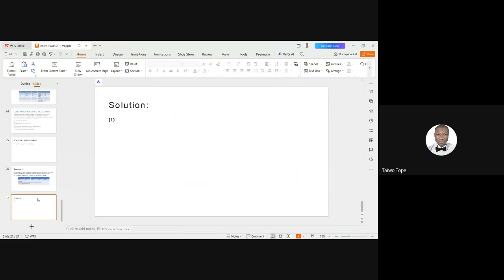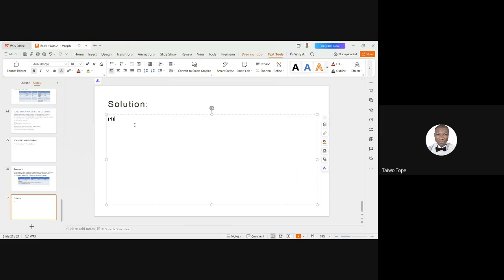So now, because of time, let's show our working. Calculating bond price using the yield curve. I'm emphasizing using because you can calculate bond price in different ways.